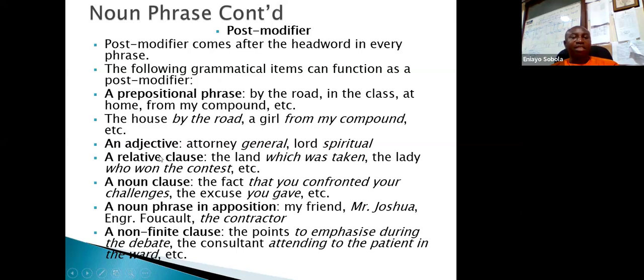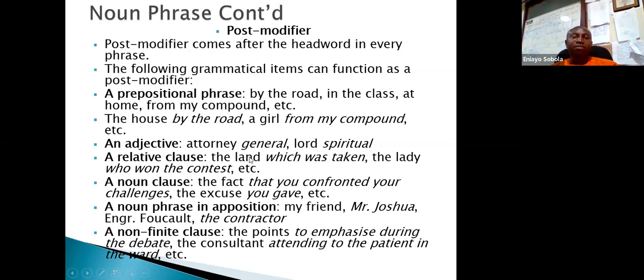Apart from that, we have a relative clause that can function as a post modifier. Like I mentioned earlier, when you have a clause subsumed within a phrase, it is called an embedded clause. So in our example here, the land which was taken. Land is the major concept we are talking about.